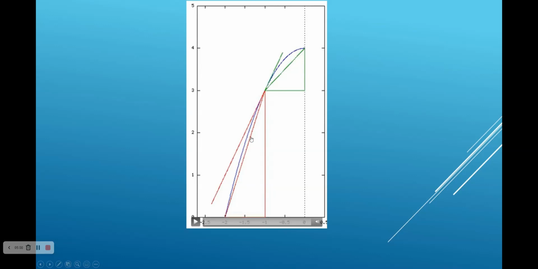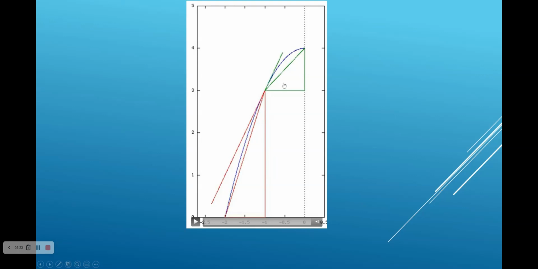As this point keeps moving up here, the hypotenuse of the right triangle formed will start moving over again towards the tangent line. Its direction would be approaching the direction of the tangent line, approaching the slope of the tangent line. So the slope of each hypotenuse is going to be approaching the slope of the tangent line.